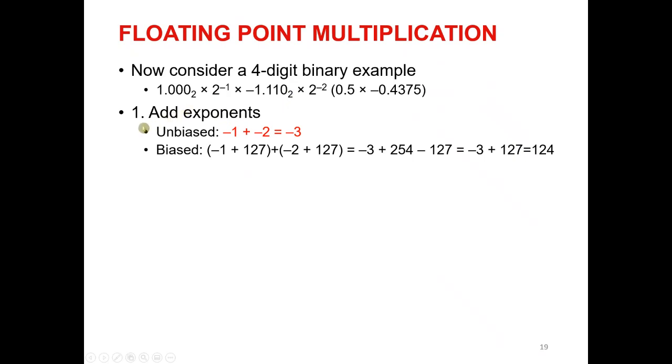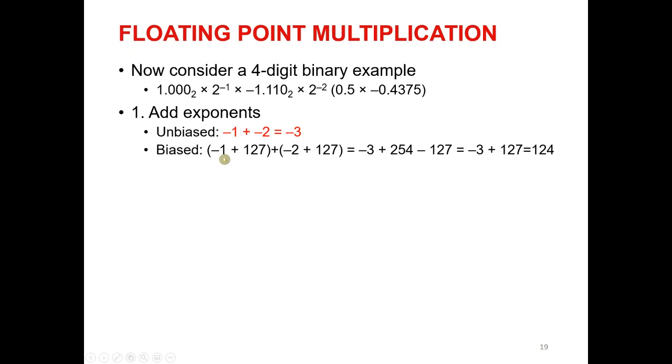But I have mentioned that in floating point, in the standard, we are using biased exponents. When we use the unbiased exponent, adding the exponents is a regular addition. But if we are using the biased exponent, we need to deal with the bias. In this case, in single precision, the bias is 127.